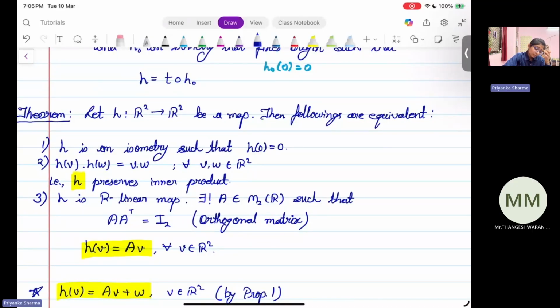H is an isometry that fixes the origin if and only if it preserves the inner product.